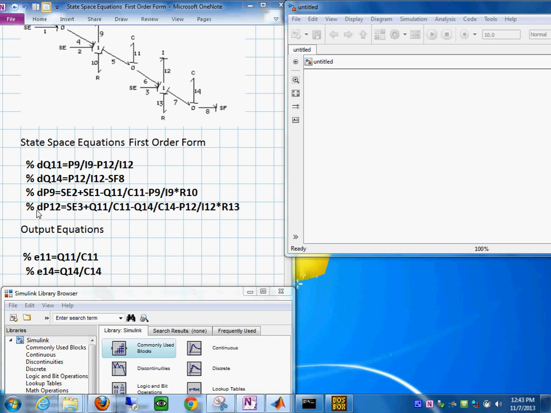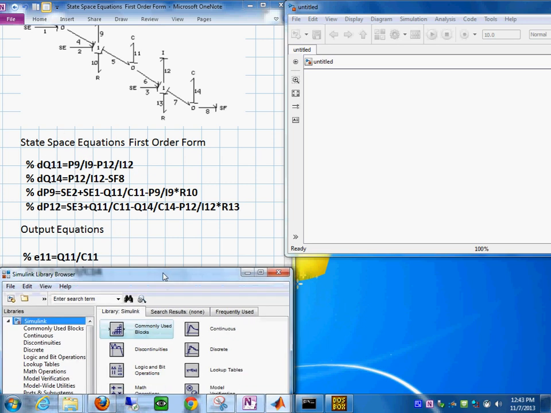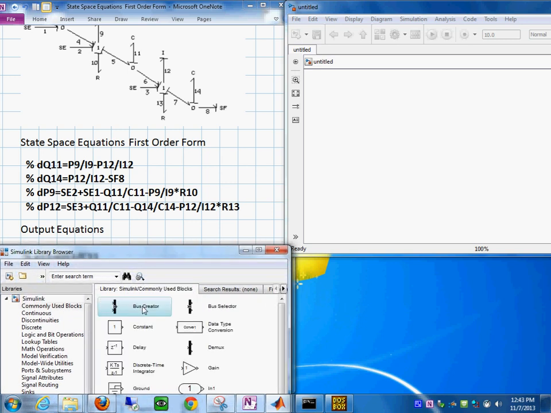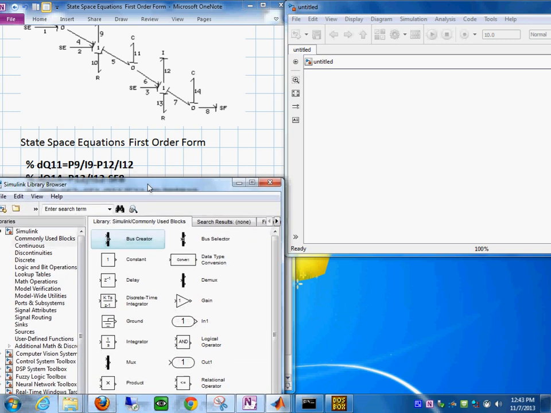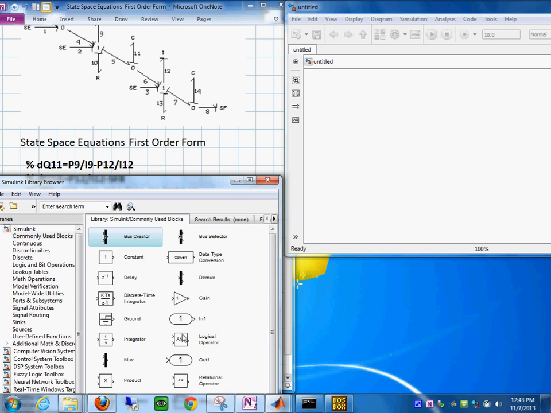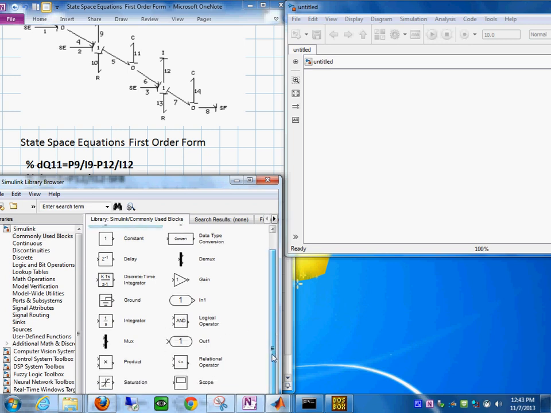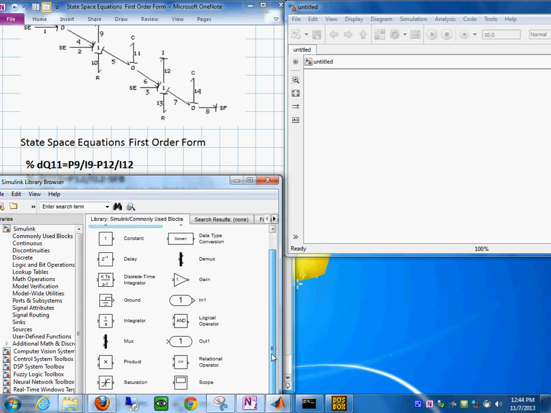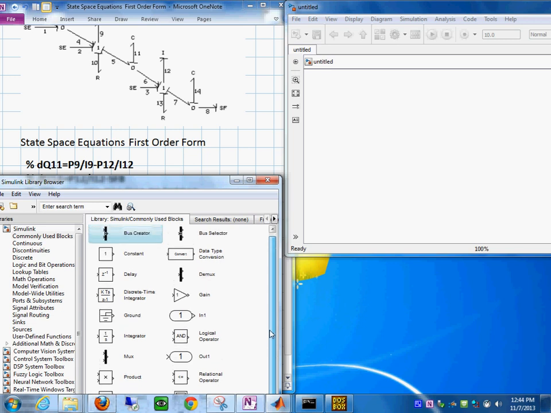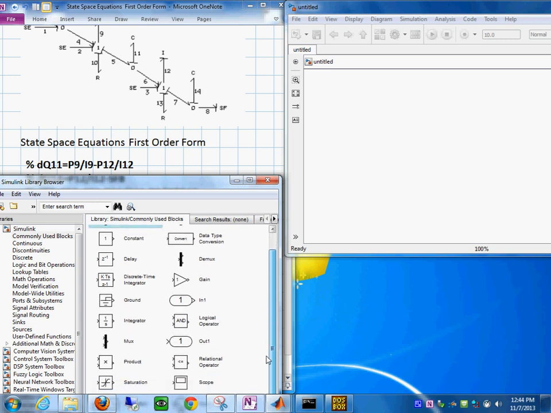Okay, so in here I am going to need each equation as a summation point. So I am going to go to the commonly used blocks. I need to have my first equation visible because that's the one I'm working on. And in here, this first one doesn't have any sources, but it has a summation point.